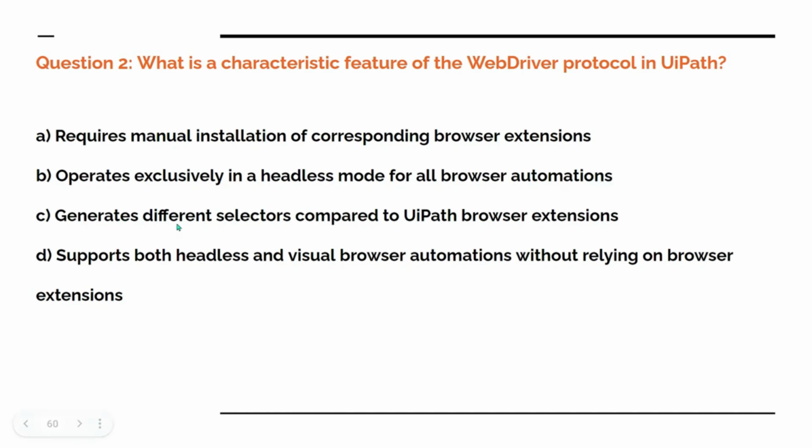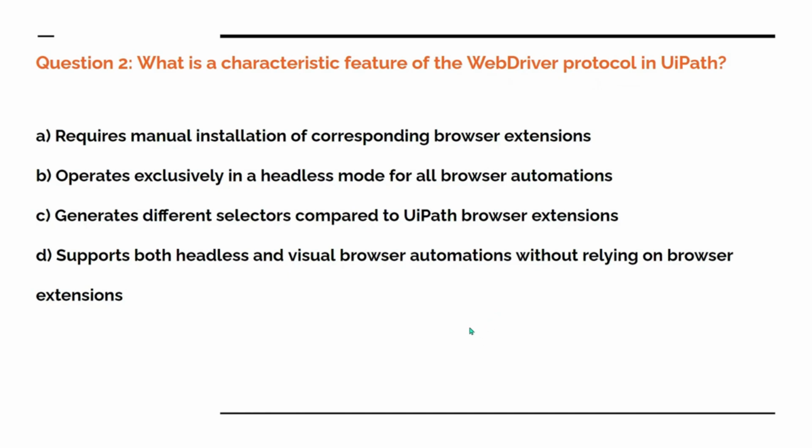C, generates different selectors compared with UiPath browser extension. D, supports both headless and visual browser automations without relying on browser extension. Now, out of all this, which is the right answer about a WebDriver protocol? Now, pause this video, comment your answer.